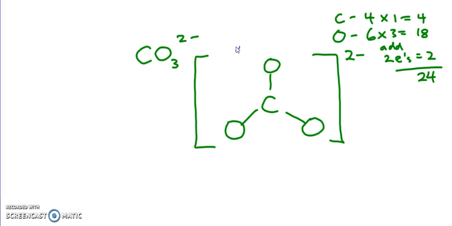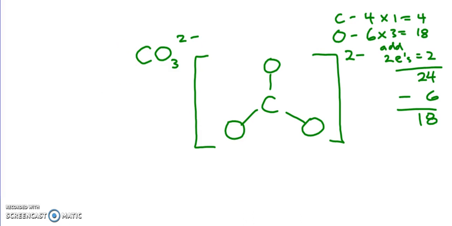Okay, now there's no ownership of electrons in the Lewis structure. You just put them out. So let's do it like we always do. And we have, in the Lewis structure right now, this guy with how many electrons? How many here? How many here? Okay, so we've already used 6. And we have 18.